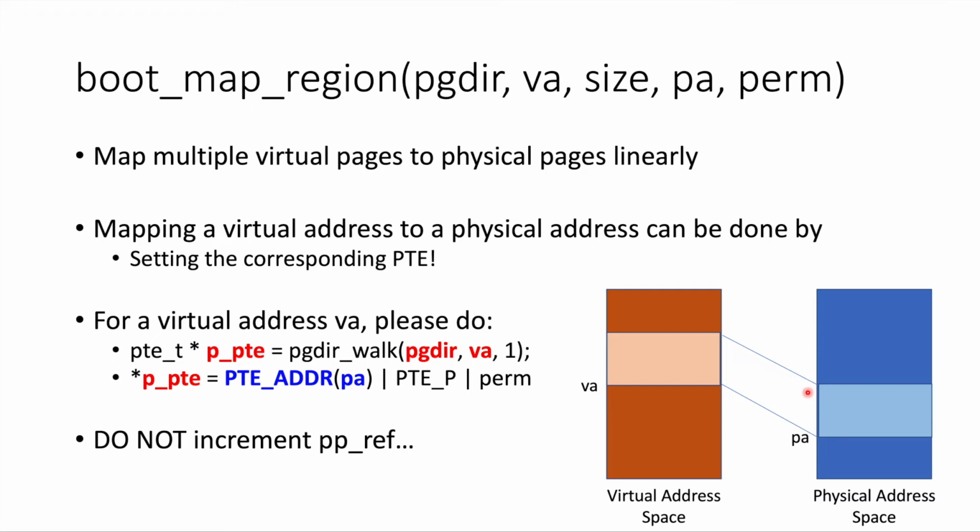So we just use boot_map_region for lab 2 and the early stage of lab 3. You can regard this as a special function. So please just implement the function as described in the code, and please do not increment pp_ref, because the mapping created by boot_map_region will not be counted as an actual use.